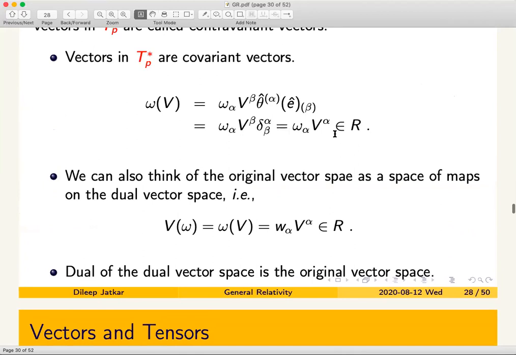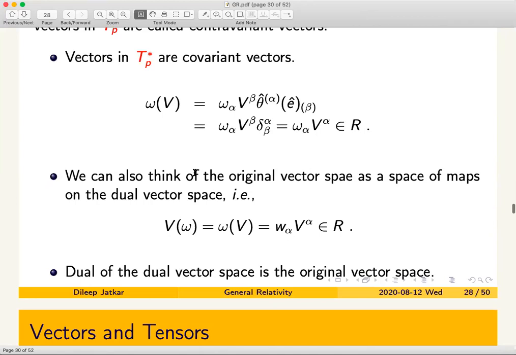But this is a number associated with a point P. Now you define a similar tangent space at some other point, say P prime, where you have another vector V prime and a dual vector, say omega prime. Then omega prime acting on V prime would give you omega prime alpha V prime alpha. That is again a number, but it could be a different number.